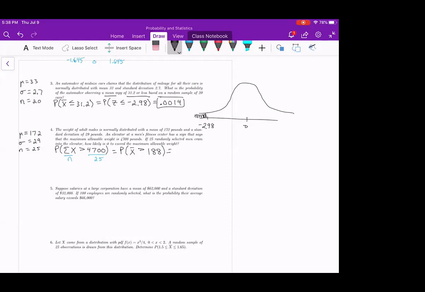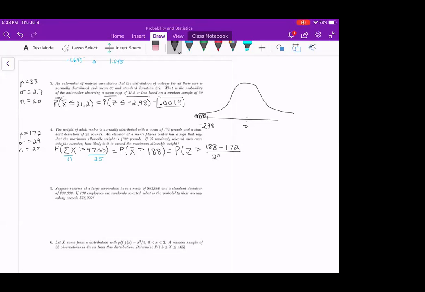Find the z-score. And so Nan, what is your first step to finding the z-score? You take 188 and you do what to it? Yep, you subtract 172, which is the mean, and then divide by... that is correct.